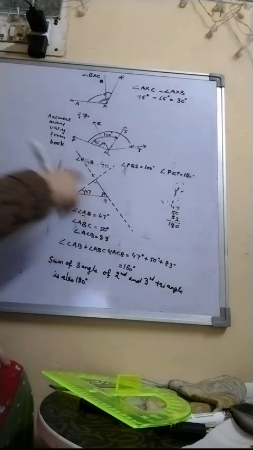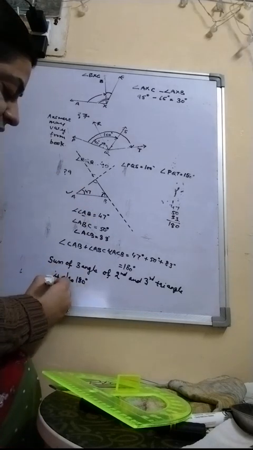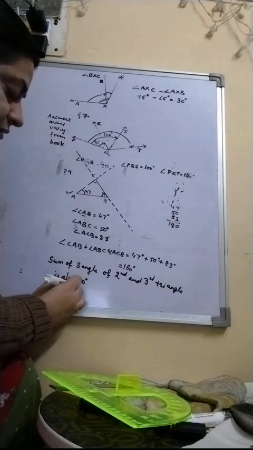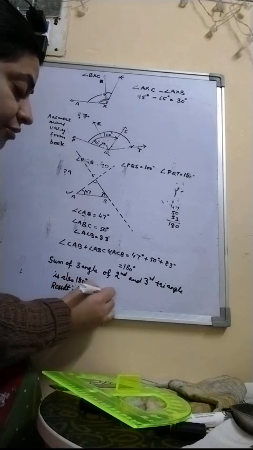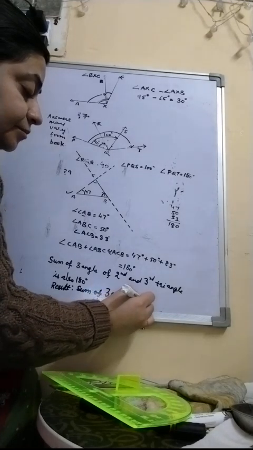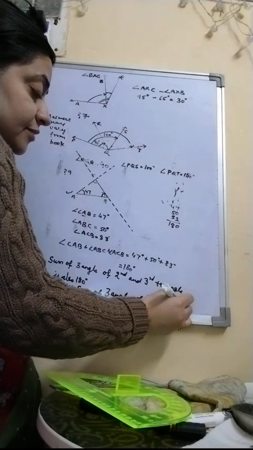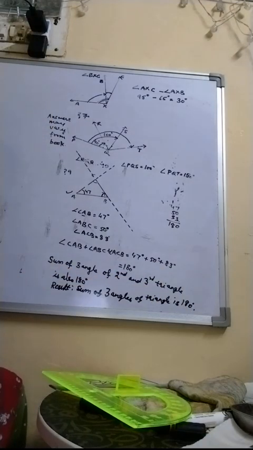You have to repeat the procedure that we did here, and in general the result is that the sum of the 3 angles of a triangle is 180 degrees. Okay, so this is how you have to do question number 9.